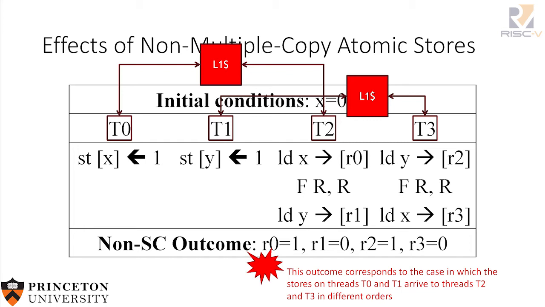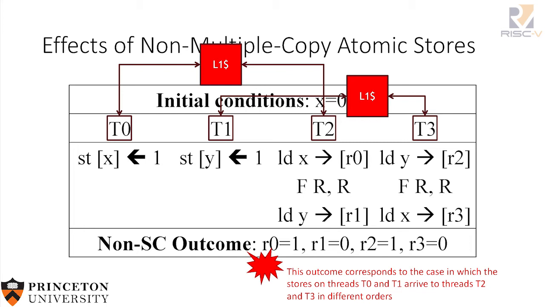So this is a 4-threaded program, and this non-SC outcome I have listed at the bottom is essentially this non-sequentially consistent outcome that can only happen if thread 2 and thread 3 read the writes on thread 0 and thread 1 in different orders. So if we had something like sequential consistency, it would require that all threads agree upon that store order. And in this example, the outcome at the bottom corresponds to a case where that is not true.